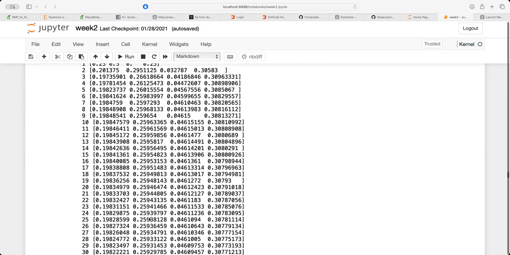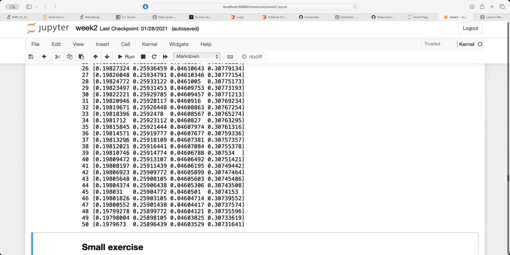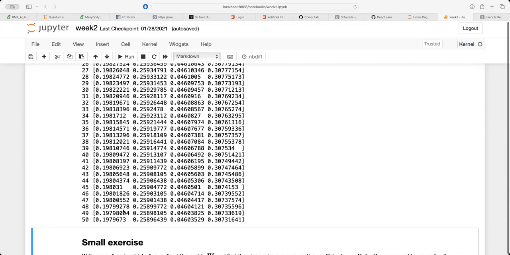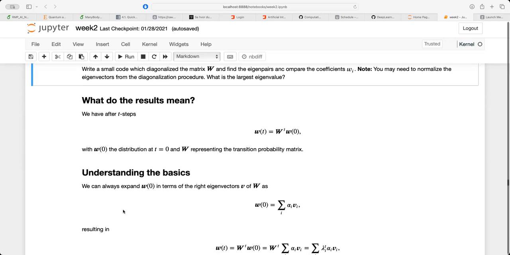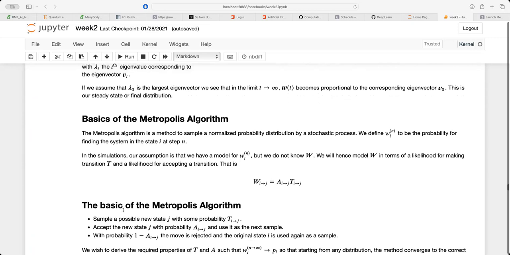If you go and look at the lowest line, the eigenvalue with 1, the first eigenvalue, and you pick that eigenvector, you need to normalize it in order to compare it with what you see here. And then the numbers should match. So feel free to do that as an exercise. This is essentially the kind of analysis which we did.